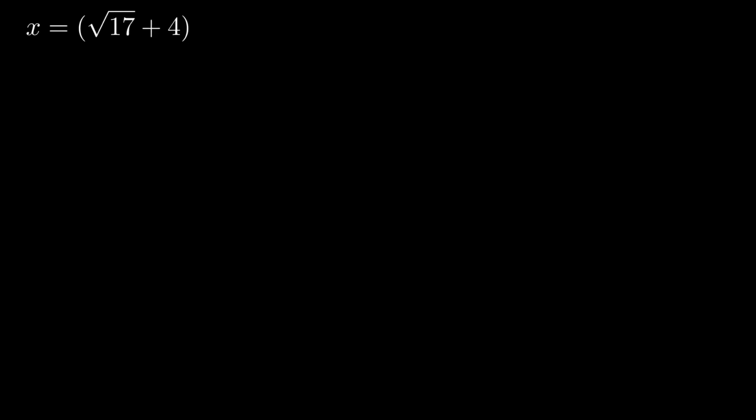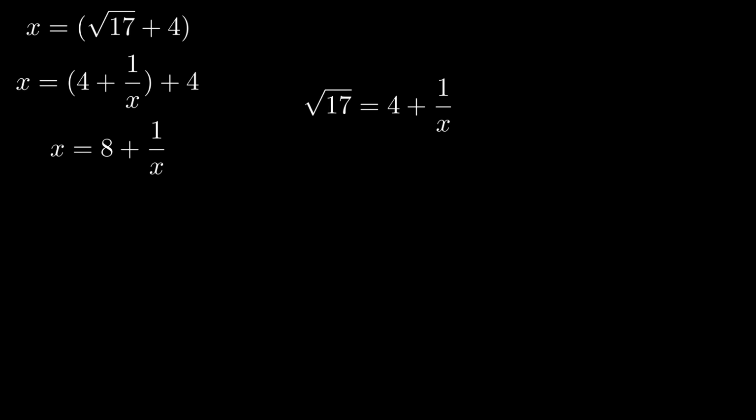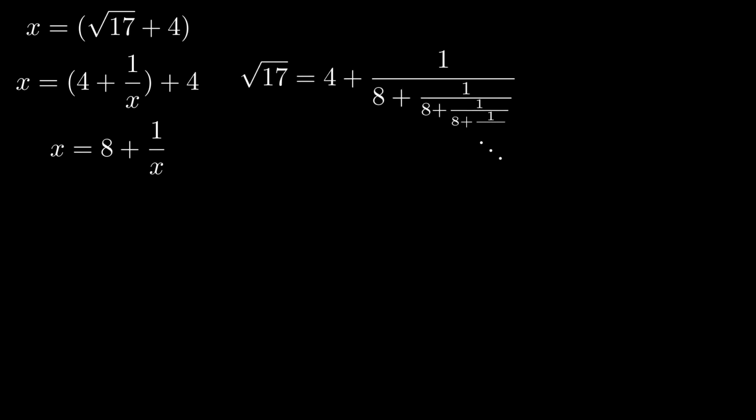We can solve for x and get that it's equal to the square root of 17 plus 4, but we know that the square root of 17 is equal to 4 plus 1 over x, and so we get that x is equal to 8 plus 1 over x. So we can go ahead and plug that in the first formula we've gotten and get a periodic simple infinite continued fraction for the square root of 17 that we can abbreviate like this if you prefer.